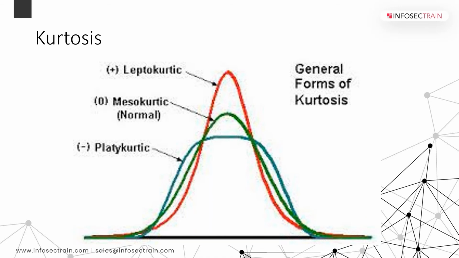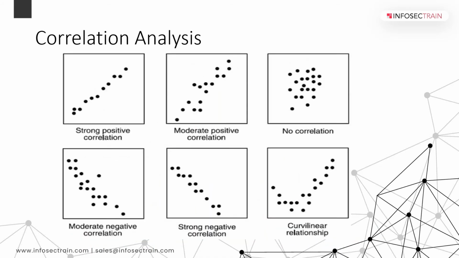So now let's start with correlation analysis. It is another very important topic for data science, because in regression analysis, if you want to find a regression model, you will simply plot a scatter plot.